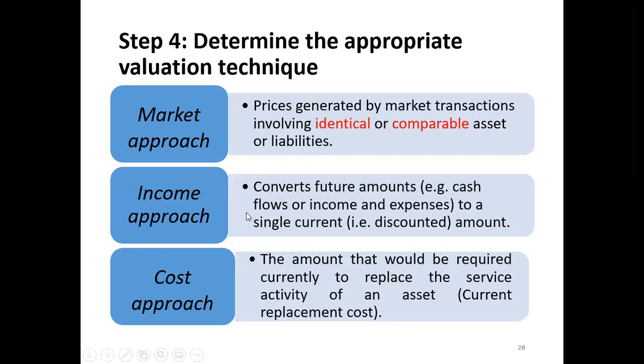The problem is that when you move away from the market approach to the income and cost approaches, the fair values tend to be more entity specific. The cash flow forecast and the replacement cost tend to be more entity specific, so that is the risk involved.